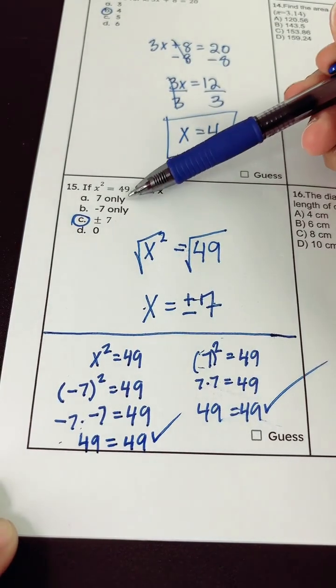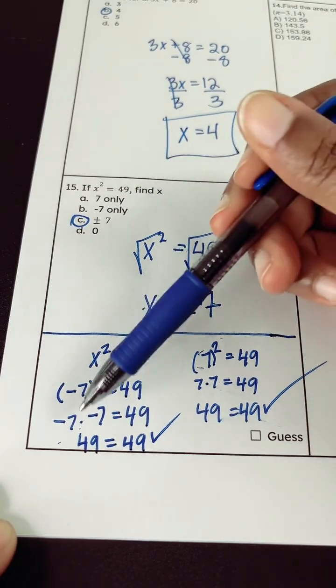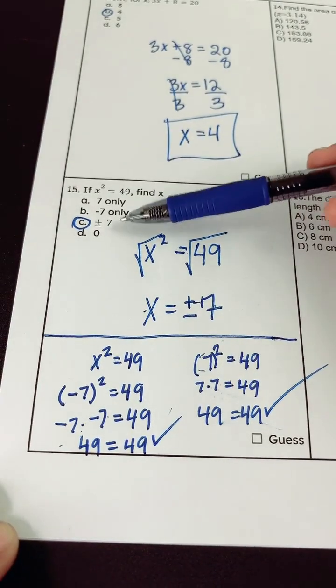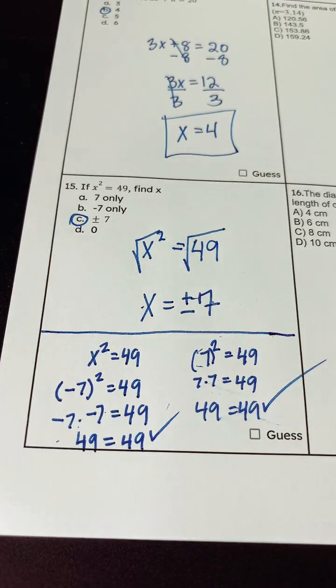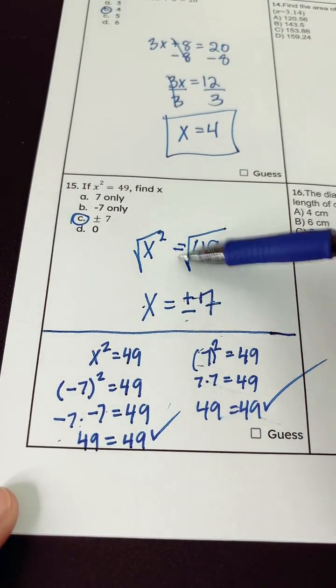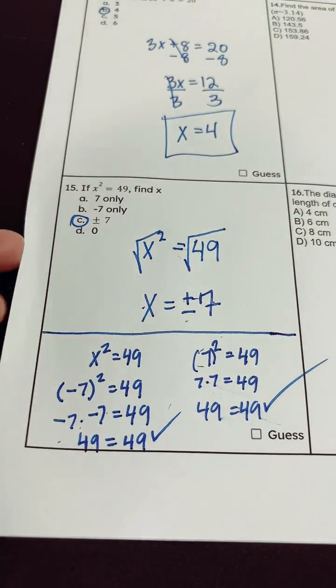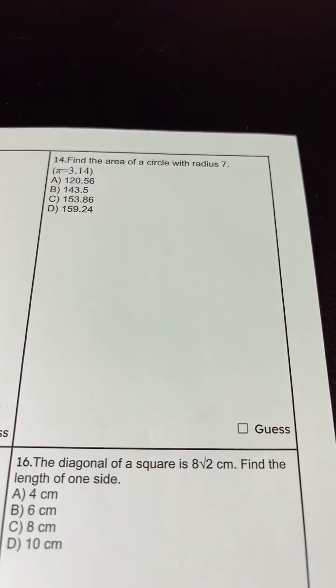So that's why 7 is not the only answer, because when you plug in -7, it also works. So both answers work. And that's why you always put the plus and minus when you're square rooting a number. I love it. Beautiful. Good. All right. Let's go to number 14.